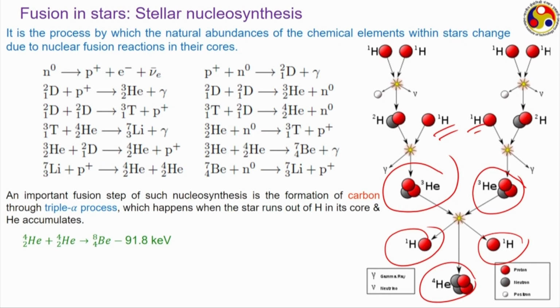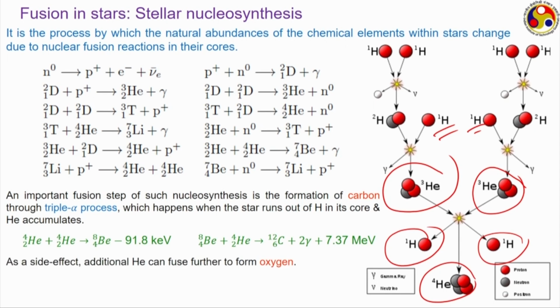In that case, 2 helium isotopes can react with each other to produce a beryllium, which is endothermic, absorbing 91 keV of energy, and then this beryllium reacts with another helium isotope to produce 6C12, and it is extremely exothermic, producing 7.37 MeV of energy.